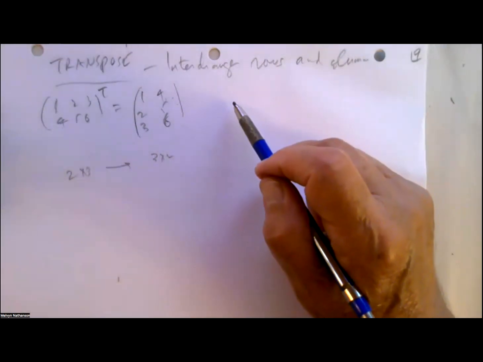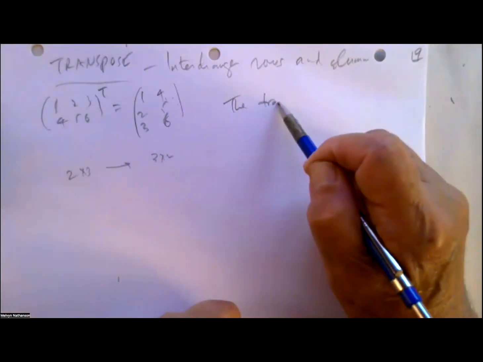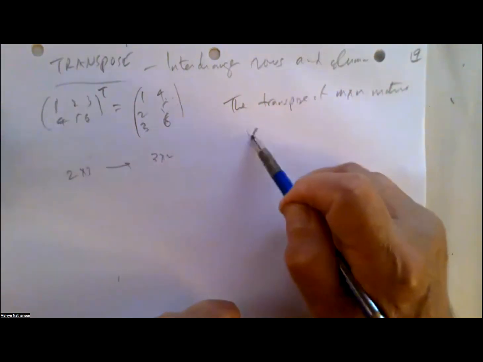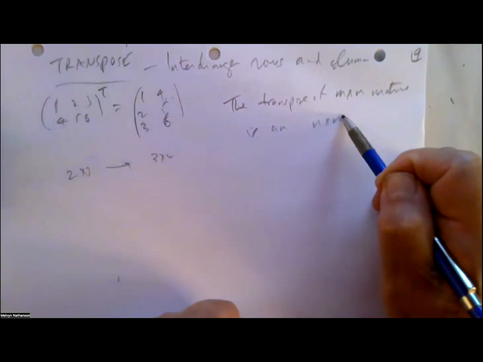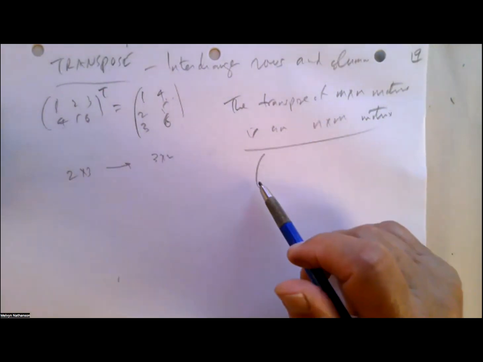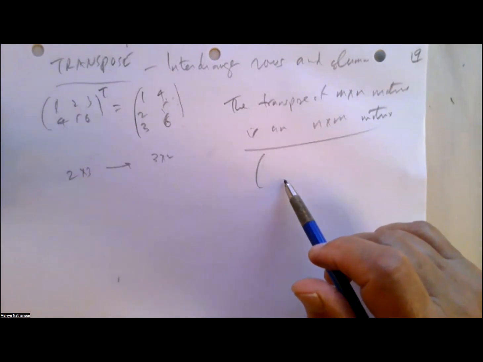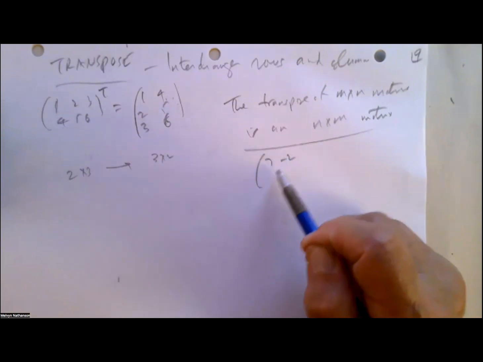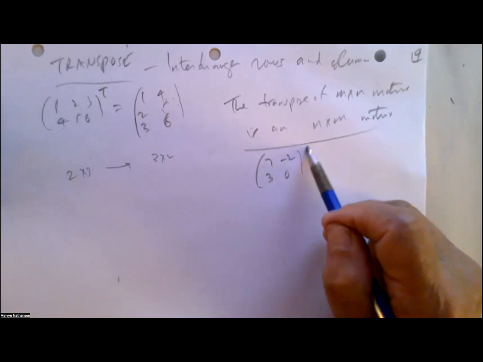In general, the transpose of an m by n matrix is an n by m matrix. And of course, if m equals n, then the transpose doesn't change the shape. If I have the matrix [7, -2; 3, 0], what is the transpose of that?